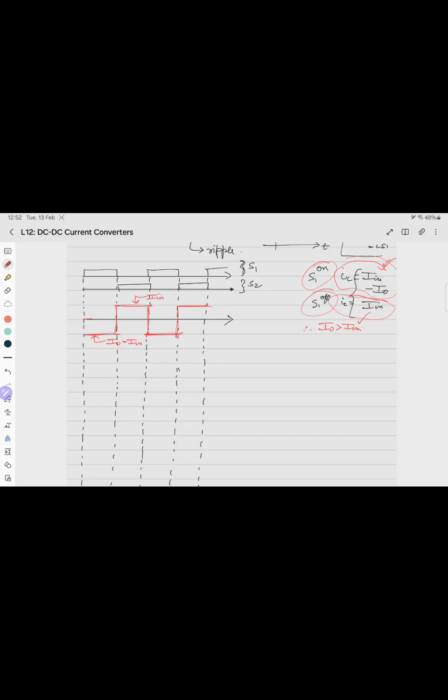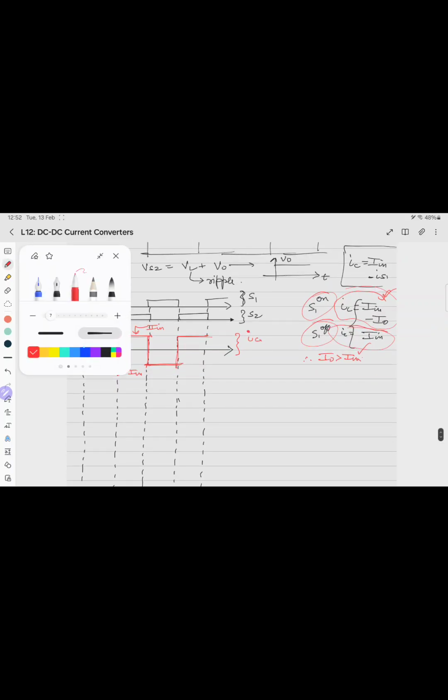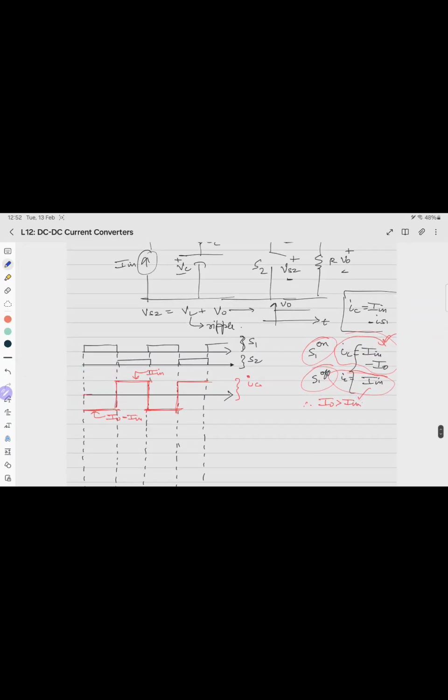This is IN. This waveform belongs to IC. Now I can draw VC. VC is 1 by C integral IC dt.